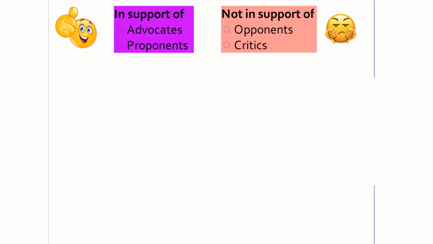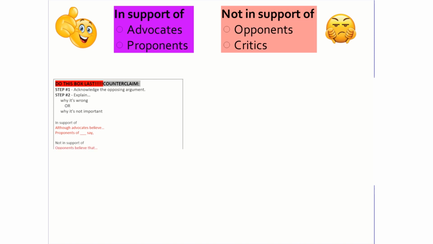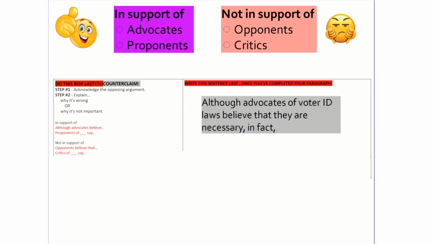They are advocates of voter ID laws, right? So watch how I do this. I might say something like, although advocates believe, or proponents of voter ID laws say, and here's what I say. Although advocates of voter ID laws believe that they are necessary, right? I'm acknowledging the opposing argument. I'm just acknowledging it, not saying much about it.